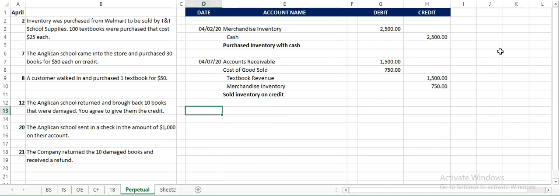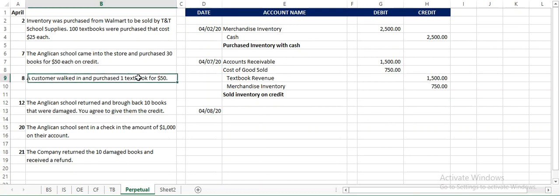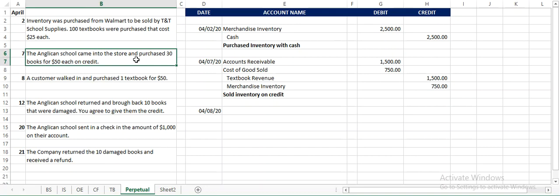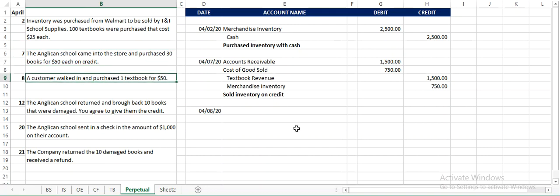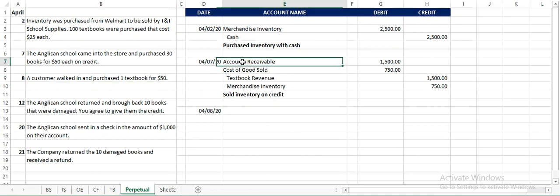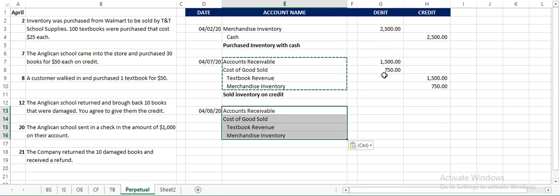Moving on to the 8th, for 8/20, a customer walked in and purchased one textbook for $50. This is going to be similar to what happened on the 7th, except that they didn't say that anything was done on credit. So all of these same accounts still apply. With every sale, these accounts apply, except for one.